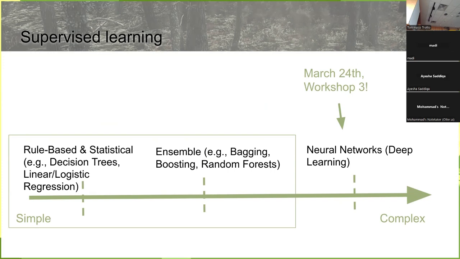And when the computation layers in the neural network are so complex and there are so many layers, it's deep learning. And we will talk about this on March 24th in workshop 3. So come to the workshop if you're interested in this. And in the middle, there is ensemble, which is like a combination of the simpler models.